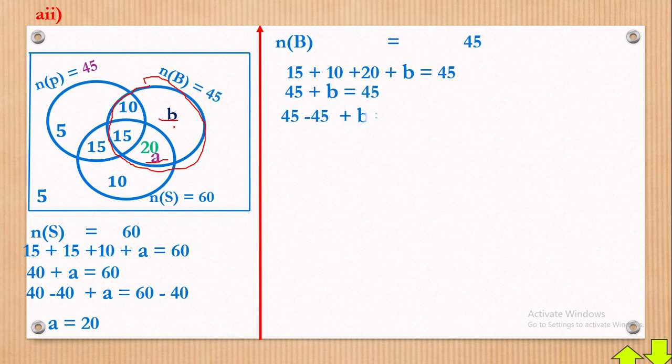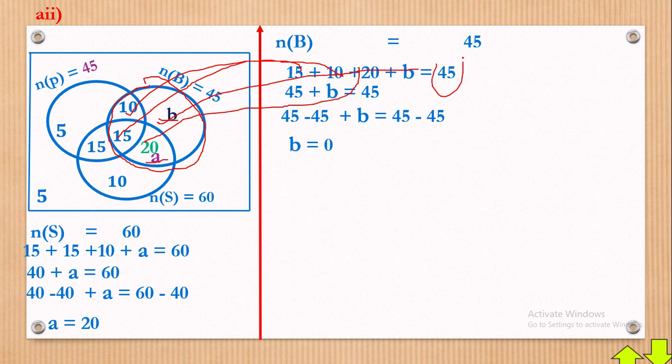And then finally, the additive inverse will give us the value of B as 0. Please, the 15 is done we have here, this 10 is done we have there, this 20 is done we have there, and this B is done we have there. The 45 is the one for that whole Venn diagram, or the number in B. Alright, good. So we have the value of B is equal to 0.